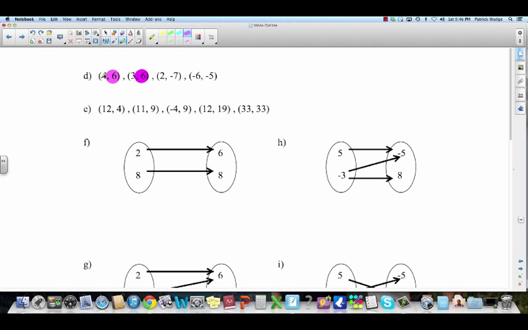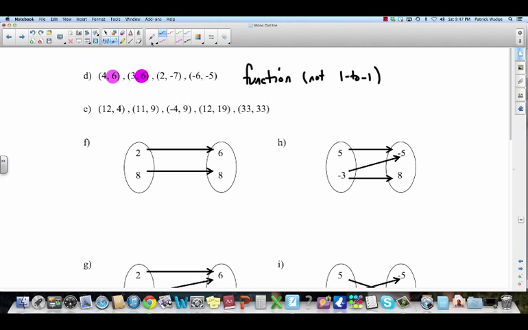It means an input of 4 has an output of 6, and an input of 3 also has an output of 6. Is that a function? Yes, it's okay if different x values have the same y value. So this is definitely a function. Is it a one-to-one function? No. Why not? Because you have a y value, in this case 6, which has more than one x value. So it's not one-to-one.